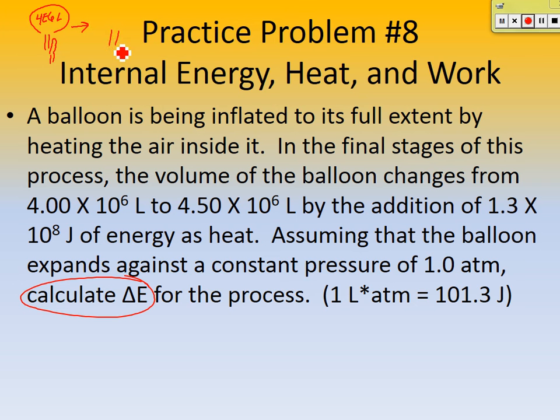And it's going to what volume? 4.5 times 10 to the 6. Okay? That's kind of a picture of what's going on. What do we call this candle? I mean, it's heat, but what is it really? What's the symbol for heat? Q. So I'm going to put Q is equal to, how much heat did we add?